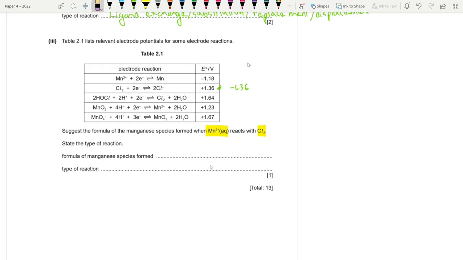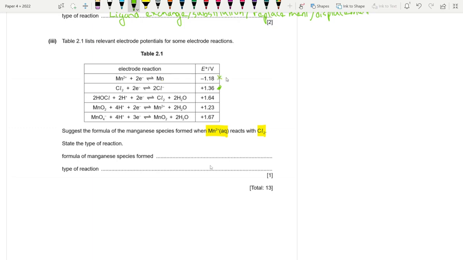But you guys know that we don't need this actually, because chlorine is an oxidizing agent. So that means that it will be reduced in the process. Okay. So on the other hand, Mn2+, this is the reduction potential of manganese, right? Or the oxidation potential of manganese. This is the reduction potential of Mn2+ or the oxidation potential of Mn.